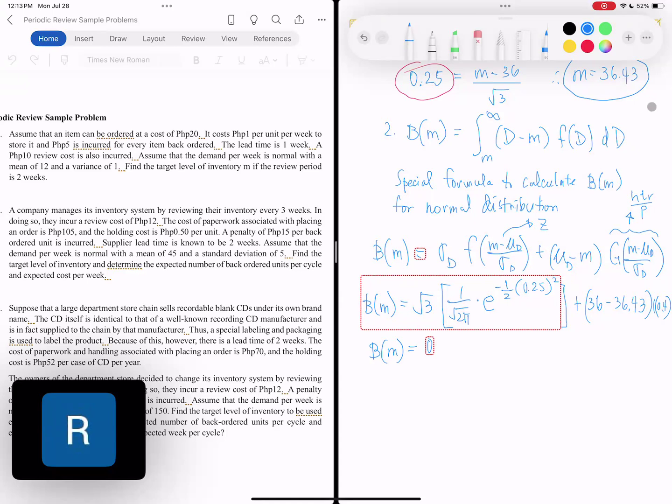So when you calculate, anyone? Is this still correct? This is the one in your PowerPoint. Is this still correct? Okay, quickly, so 15, is that still correct?